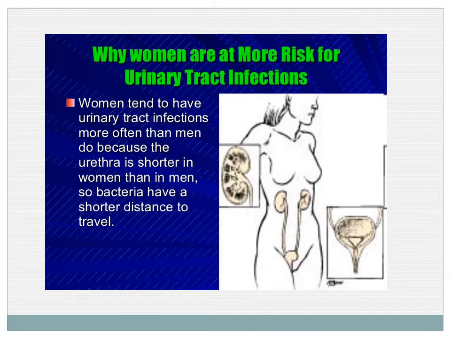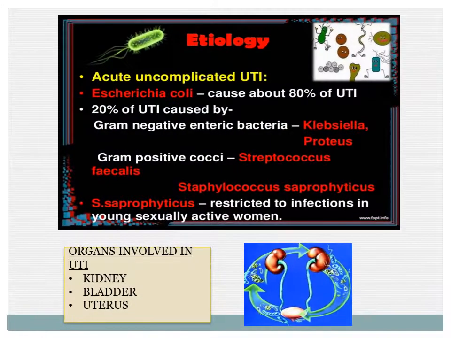You have to know that women are more prone to urinary tract infections than men, because the urethra is shorter in women than in men, so bacteria have a shorter distance to travel. For causing infection, bacteria must enter the urethra and reach the kidney.